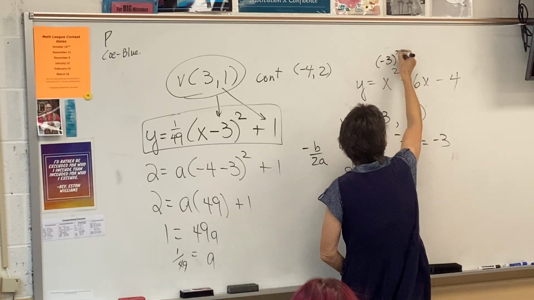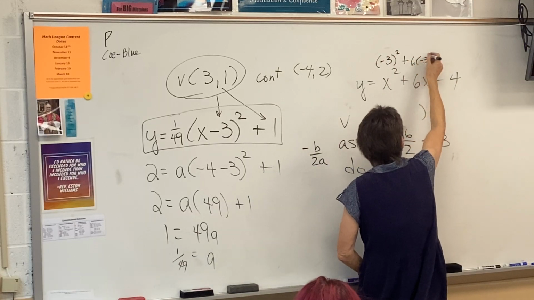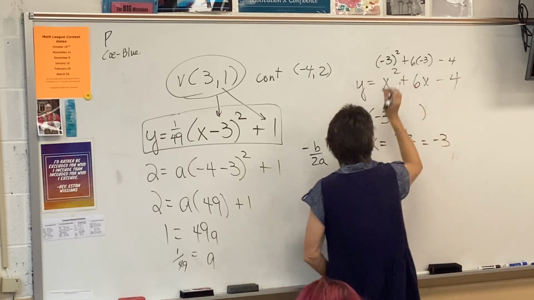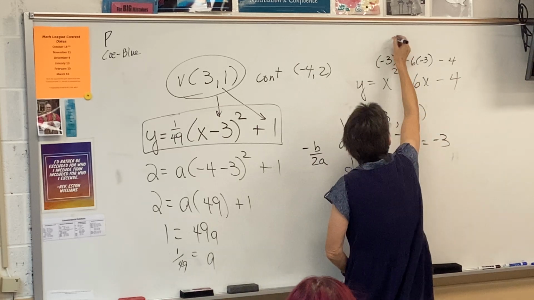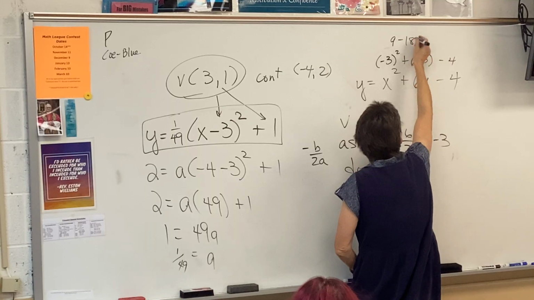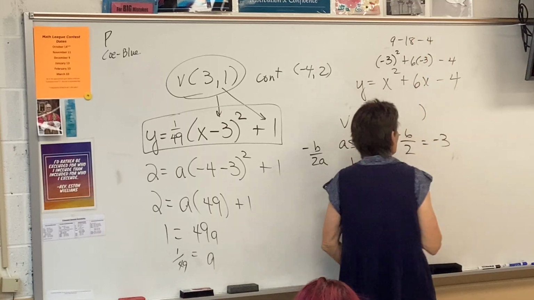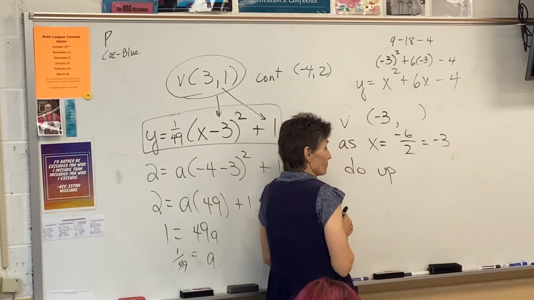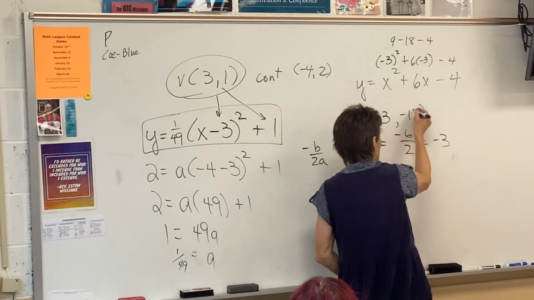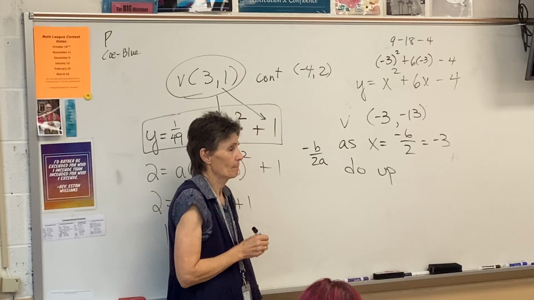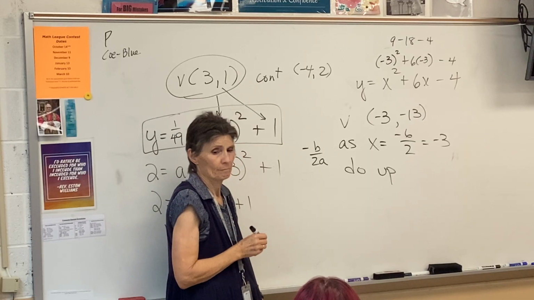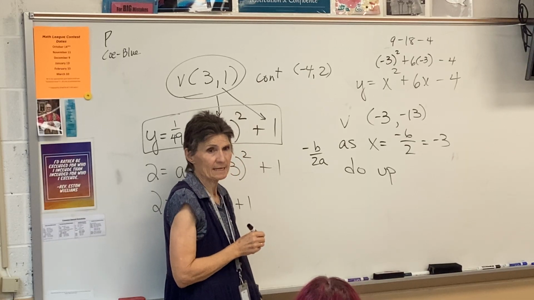So -3 squared, 6 times -3, minus 4. What's -3 squared? 9. Minus 18 minus 4. -13. Easy.